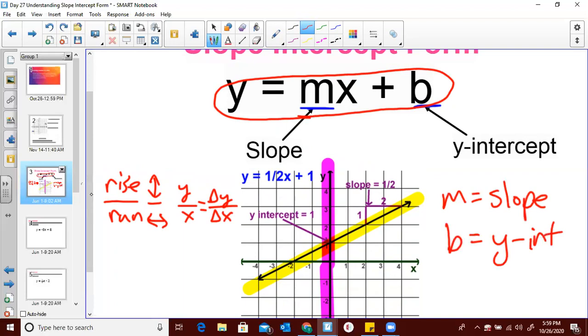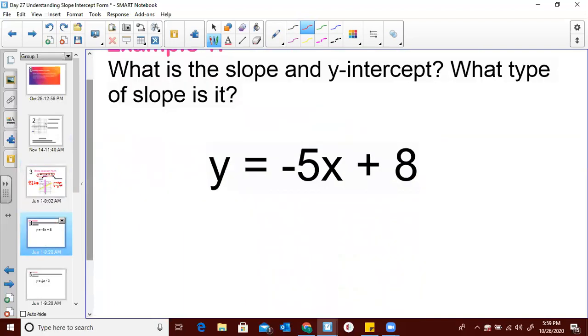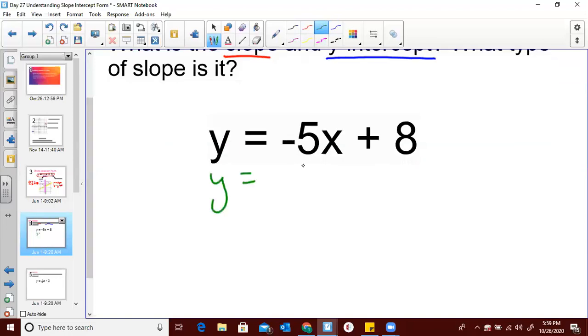All right, so let's just jump into a problem. It asks us for the slope, and it asks us for the y-intercept. So if we want to line up our slope-intercept form, we have y equals mx plus b.